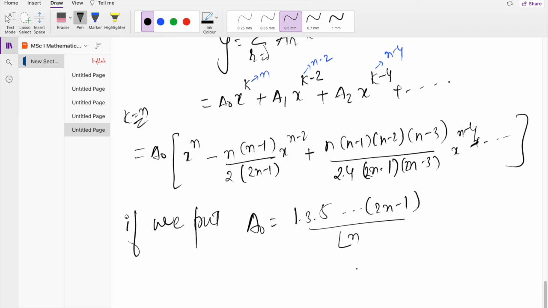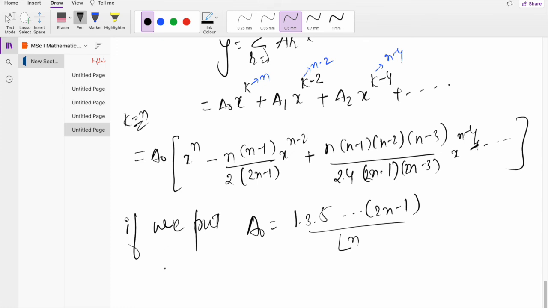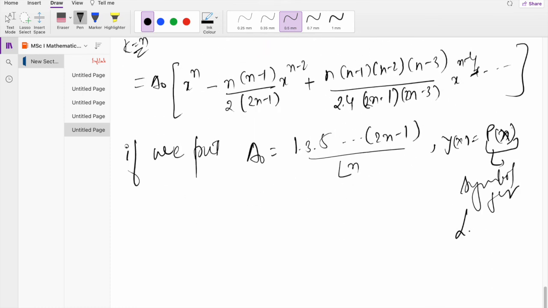our y will be the Legendre polynomial. Our y(x) will be treated as Legendre polynomial, where Pn is the Legendre polynomial, only when I put the value of a naught equal to 1.3.5 and so on up to 2n minus 1 upon factorial n, then y(x) will be Pn(x).